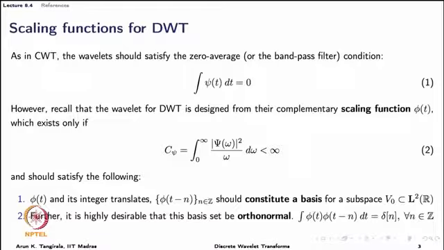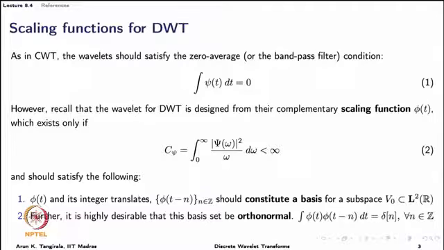Now, as in CWT, the wavelets should satisfy the 0 average condition. So, this is just to recap the basic conditions that any wavelet for DWT should satisfy. It should have 0 average, and of course, the existence of scaling functions for DWT is very important, and the prime requirement for the existence of a scaling function is that the wavelet should have a finite admissibility constant.